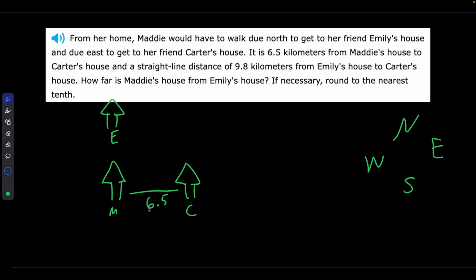And it's 9.8 from Emily to Carter's, and then they want us to find how far it is from Maddie to Emily's. So this is our unknown, let's call it a, because here's our right angle, so this is c, let's call this b. And now we're just going to plug in our numbers and solve.